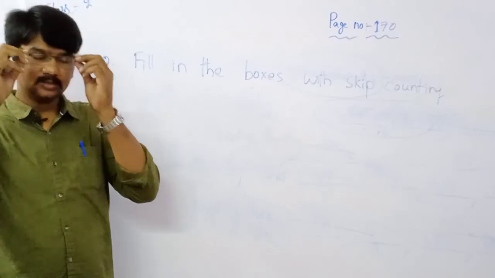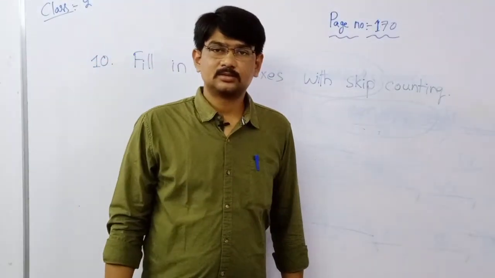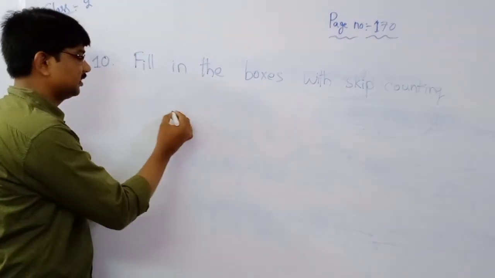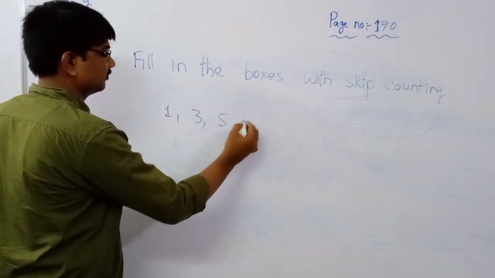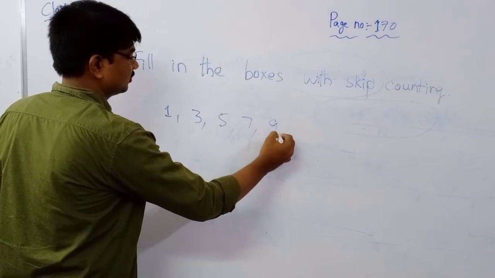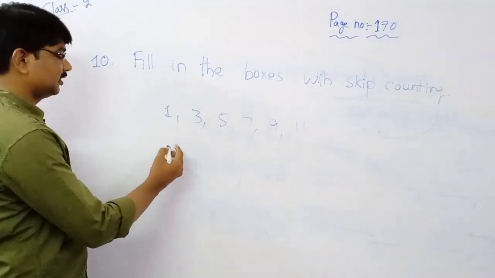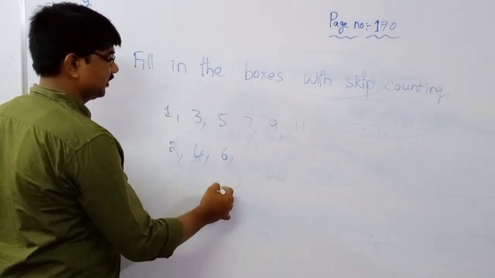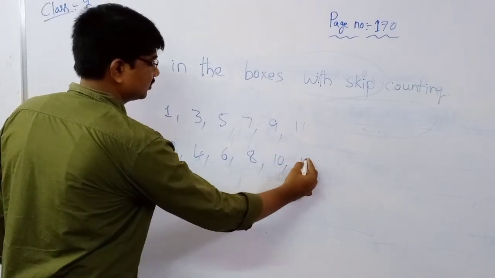Example, I am telling 1, 3, 5, 7. Just I am writing here 1, 3, 5, 7, 9, 11. Okay, one more I am writing 2, 4, 6, 8, 10, 12.